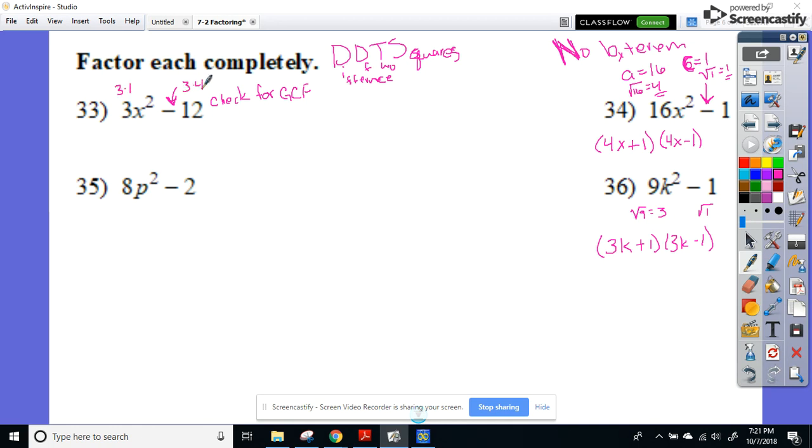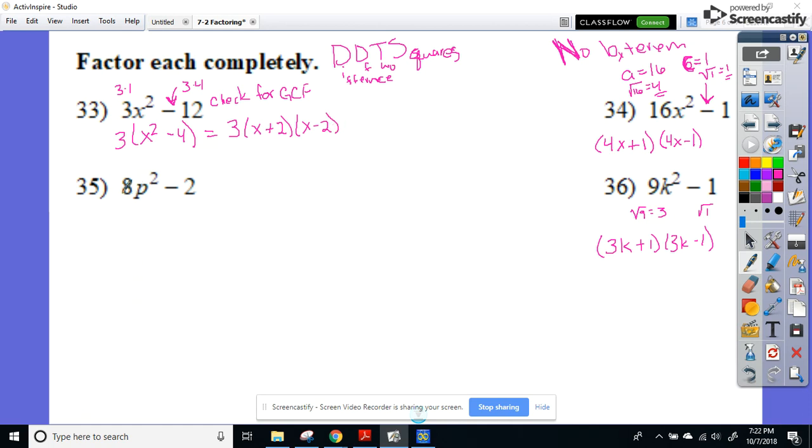This is 3 times 4. So 3 is the GCF. Pull it out. That leaves x squared minus 4. Now look what we have, the difference of 2 squares. The square root of 1 is 1. The square root of 4 is 2. So this becomes 3 times x plus 2, x minus 2.